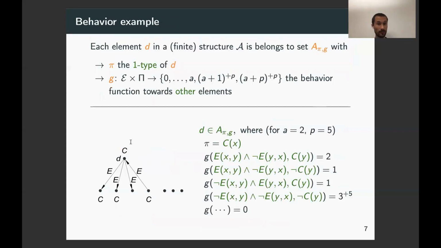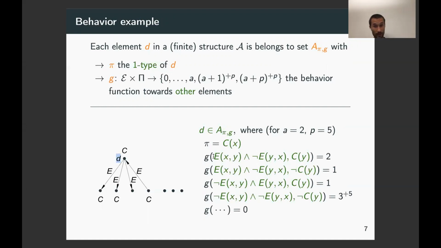Just an example of this behavior function and this A_{pi,G}. Let's consider one element d in this little structure. What is pi, G for this element? First of all, what is the type of it? It is C, so we write C(x) as pi. But also, what is the relationship to other elements? We have like 7 elements here. We have 2 elements which are connected from d by E, and both of them are in C. So we have 2 here for the value of the behavior function of this d.